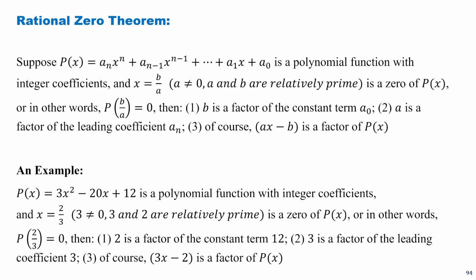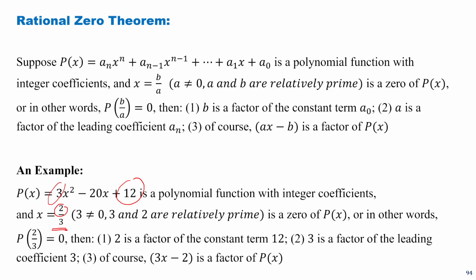And 2 and 3 are relatively prime. Then we have the following conclusions. First, 2 is a factor of the constant term 12. 3 is a factor of the leading coefficient 3. And then, of course, 3x minus 2 is a factor of p(x), right?